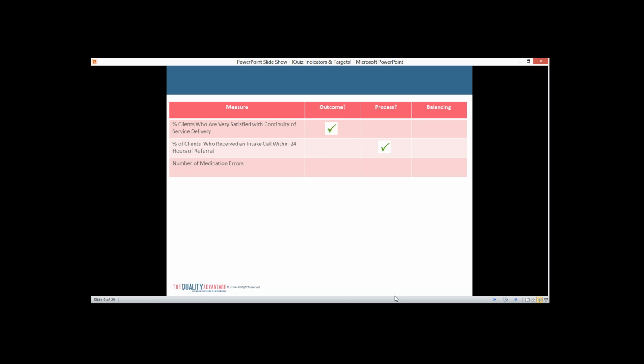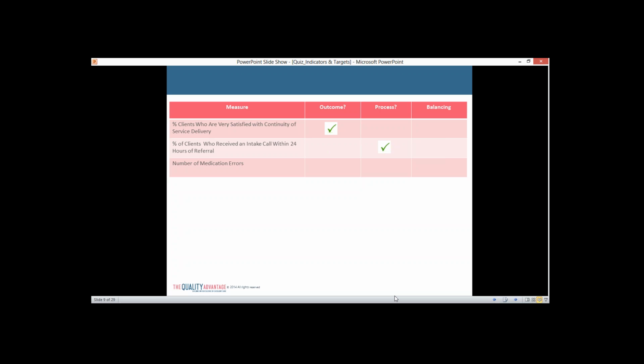Because it links directly to a change idea related to making intake calls within a new standard of 24 hours of referral. Clients ultimately care about the wait time to service initiation, not all the steps and procedures for getting them to that point. So if the indicator was about their wait time for service, that would be an outcome. But in this case, this measure is linked to the change idea of calling them within 24 hours.